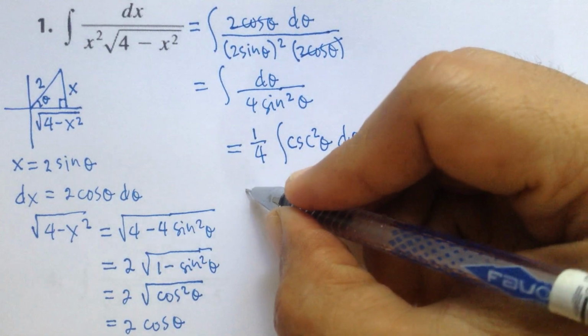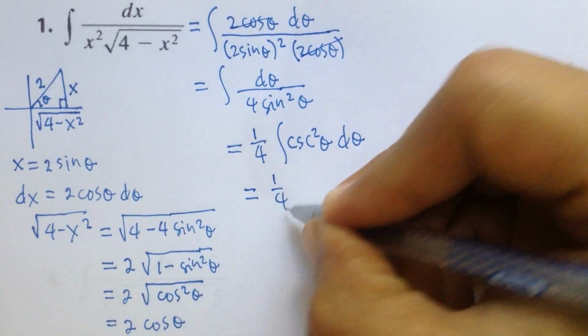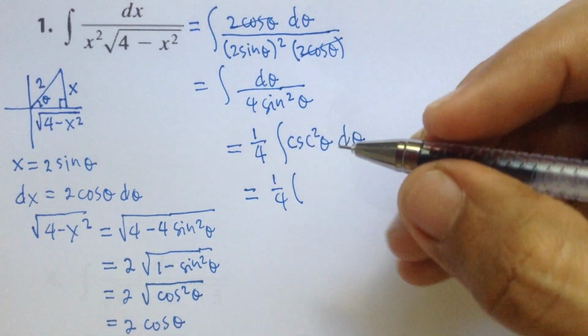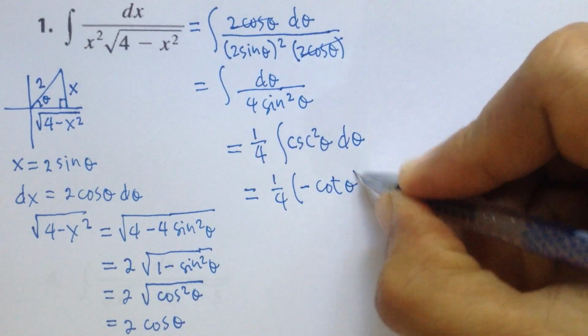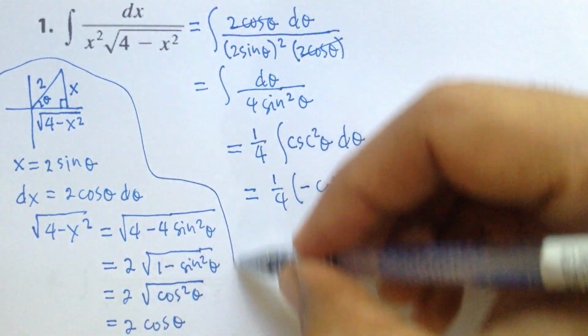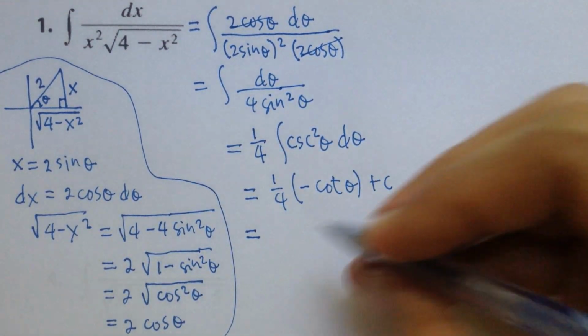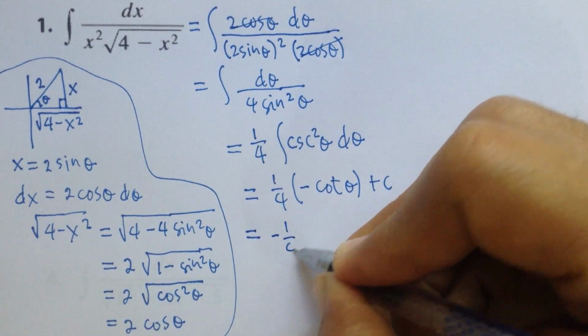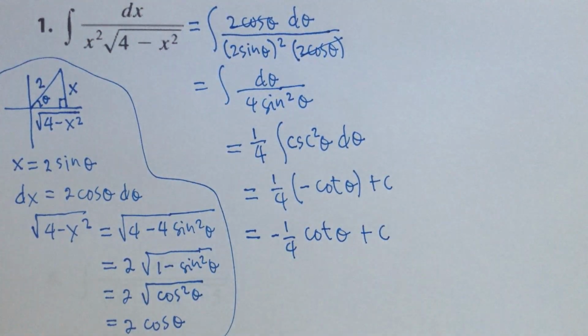And then the integral of this is, you have 1/4 times the integral of cosecant squared theta, which is negative cotangent theta plus c, which is equal to negative 1/4 cotangent theta plus c.